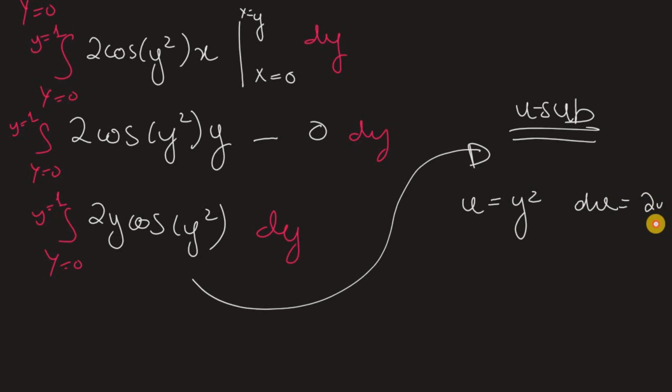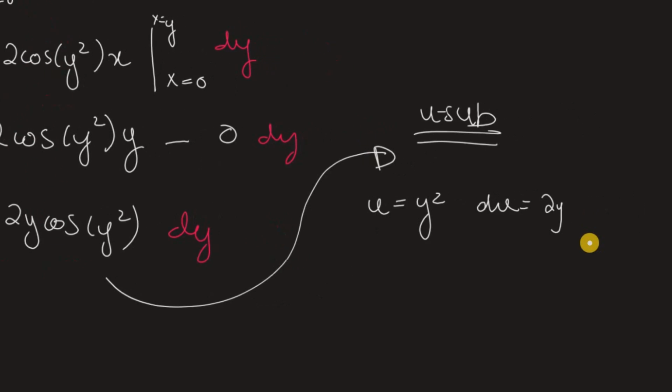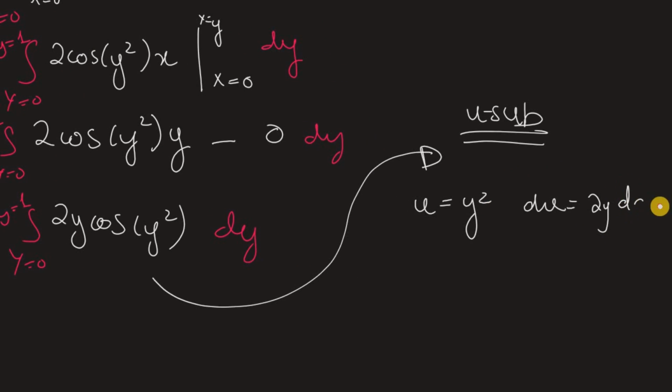It's going to be 2y dy. Now we can get the dy alone by itself, so we divide by 2y, and now we've got dy by itself.